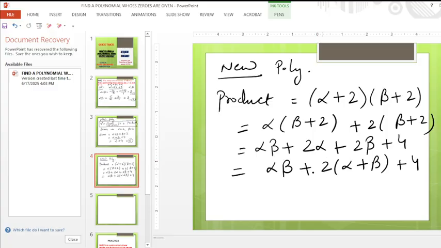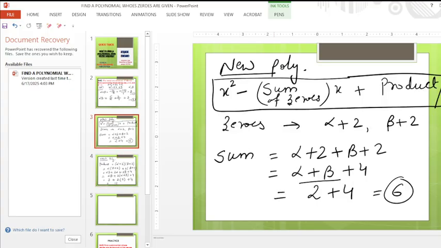Why have we done this? Because we know the value of alpha beta and of alpha plus beta, so we can find the product easily. Alpha beta was 3, plus twice alpha plus beta, which is 2, plus 4. So 3 plus 4 plus 4 gives 11. So for the new polynomial, the product is 11 and the sum of zeros is 6.